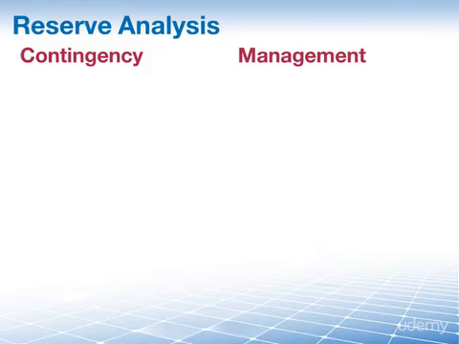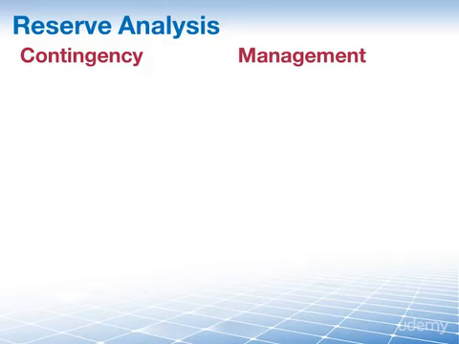And then we have the management reserve. This is an amount of the project budget that is withheld and under management control. These are budget reserves for unforeseen work that is within the scope of the project, and the management reserve is not included in our performance measurement baseline.